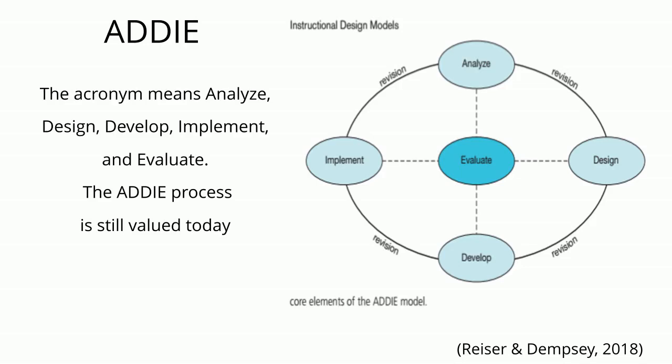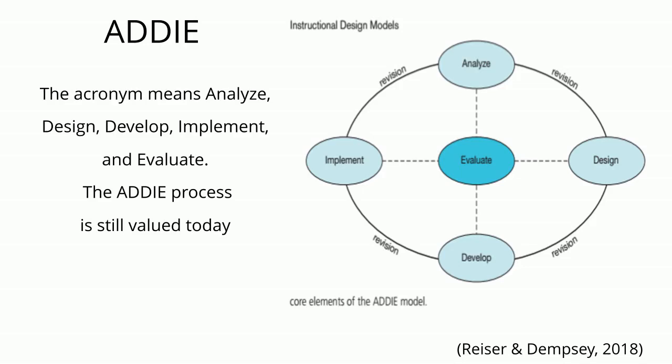The design phase deals with assessment instructions and instruments, content, subject matter analysis, lesson planning, and media selection. In the development phase, we deal with developing, creating, and assembling the content assets that were created during the design phase.